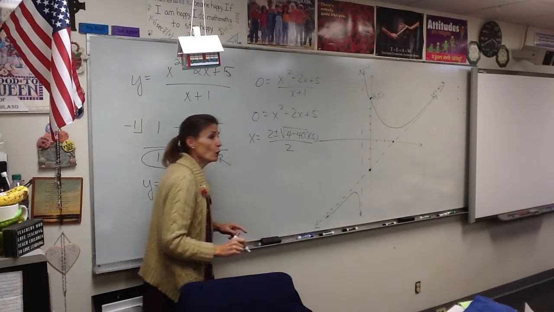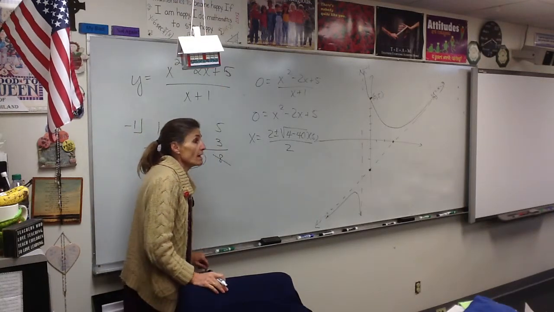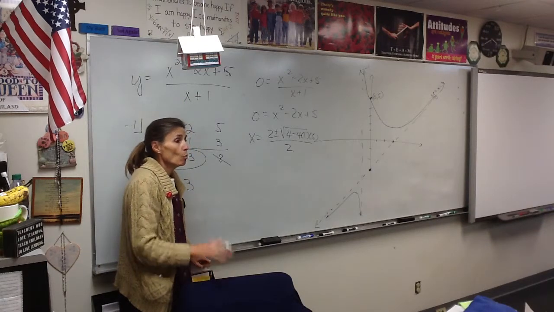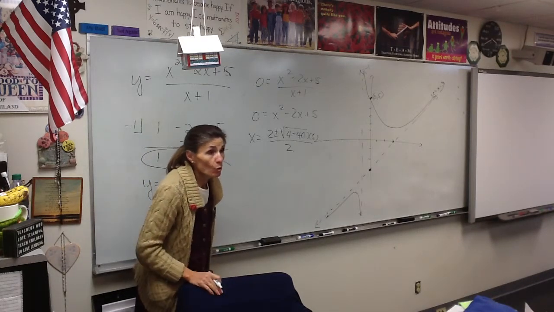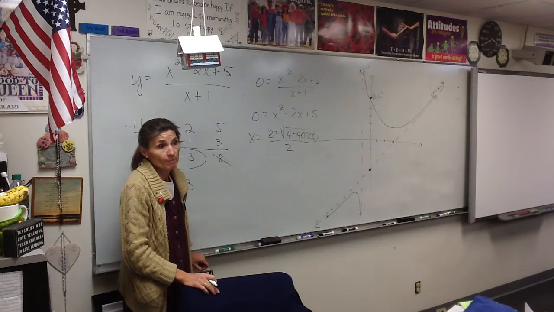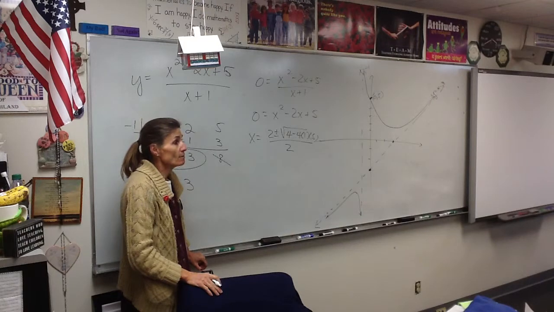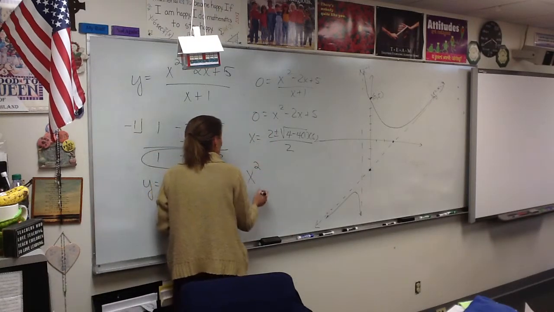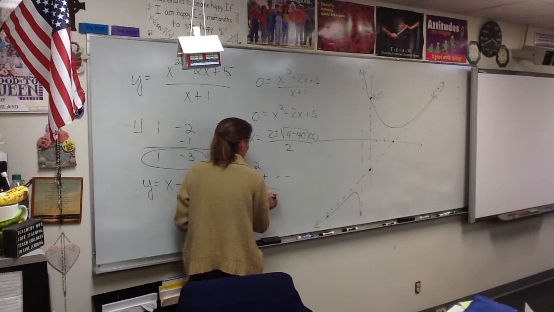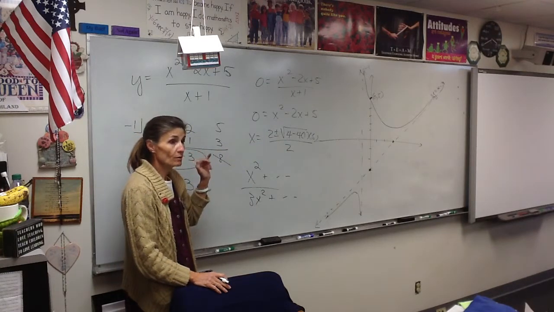How do we know when we look at an equation that it's going to have a slant asymptote? What is true of the equation if it's going to have a slant asymptote? There's no horizontal asymptote. Well, okay, and how do you know there's no horizontal? Power above is bigger. Exactly. But you only worry about this if the power on top is bigger. If the powers match, if you had x squared over 3x squared, then you would have a horizontal asymptote at 1/3.